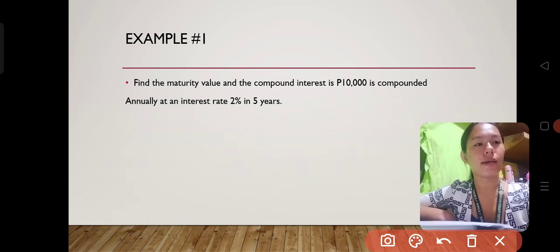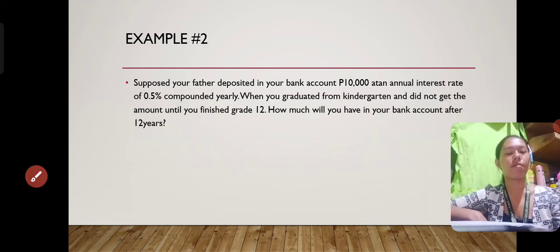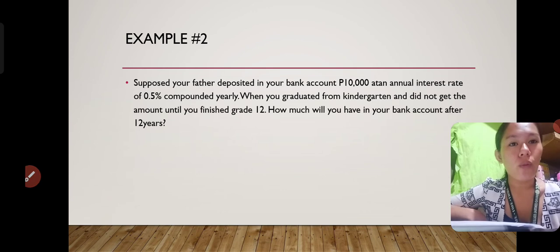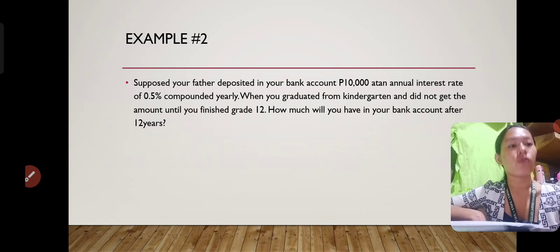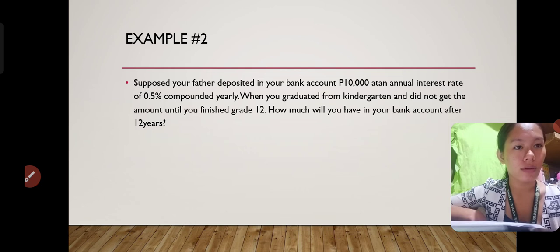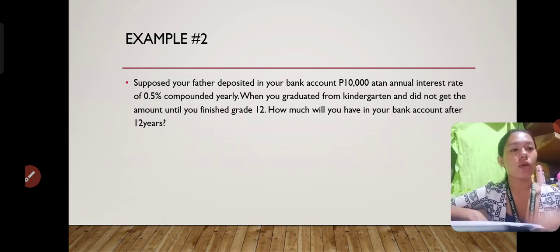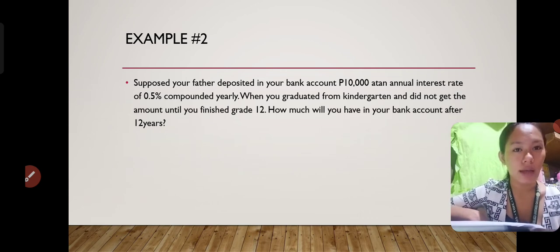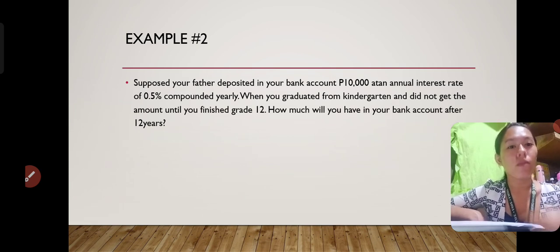The next is another example, example number 2. Suppose your father deposited in your bank account 10,000 at an annual interest rate of 0.5%, compounded yearly.